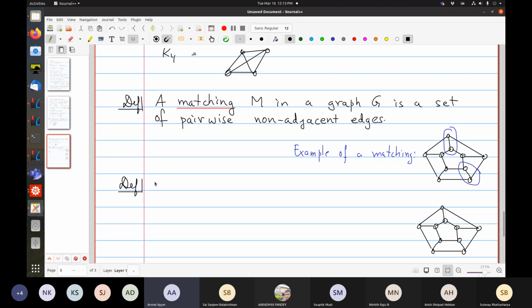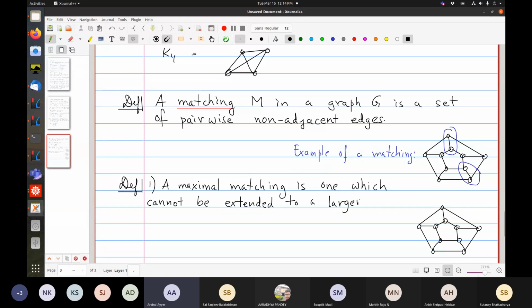So, three related definitions. A maximal matching is one which cannot be extended to a larger matching by adding edges.